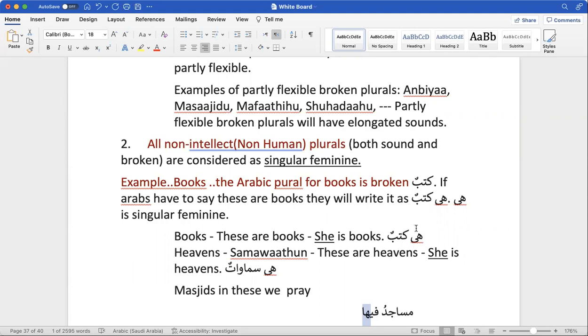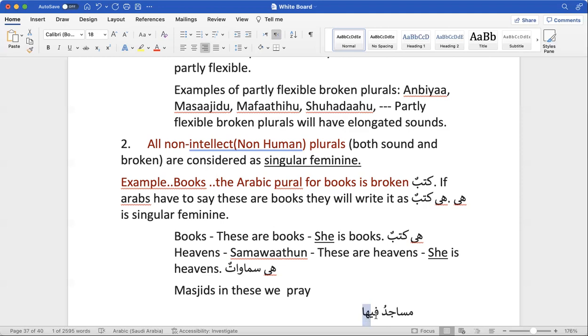In case of Arabic, hiya is an independent pronoun. It means she. Its attached version is ha in feminine. And it also means singular. Now, if you see here, I wrote masajidu fiha. Masajids in, I should have written here these, right?